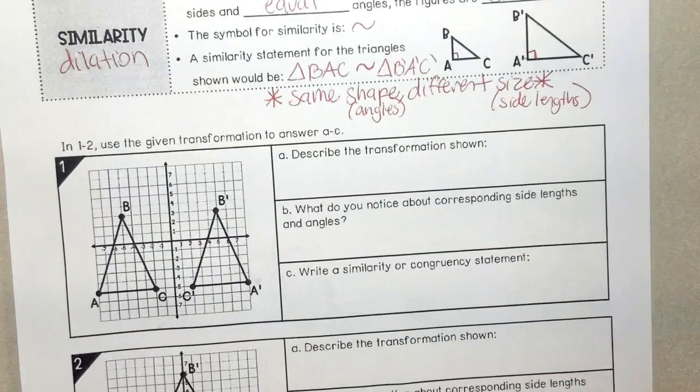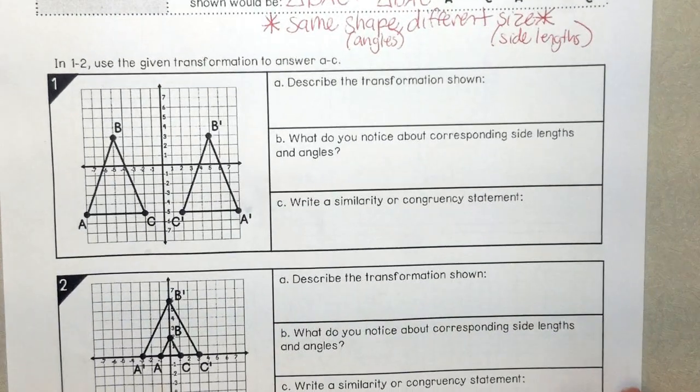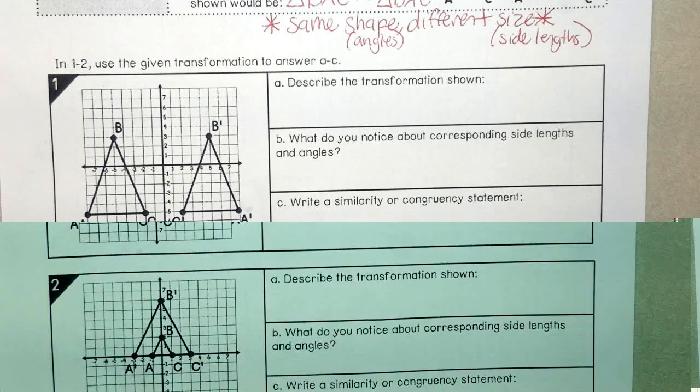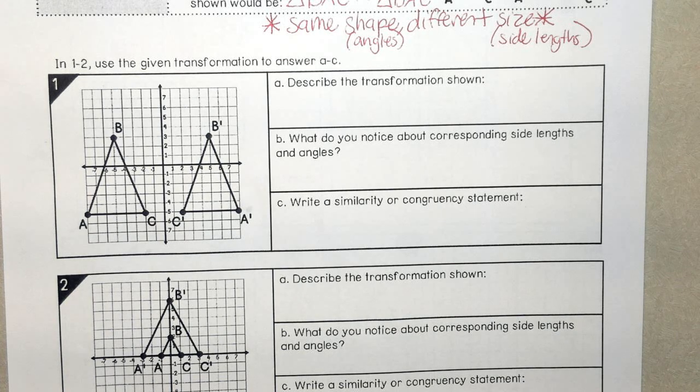Okay? At the bottom, it says, describe the transformation shown. I like to use highlighters today because, honestly, they try to trick you on some of these. Some of these look like, oh, I just did this, but when you pay attention to the corresponding parts, and again, corresponding parts is something we'll talk more about in tomorrow's lesson, you're going to notice that a different transformation happened than what you think.